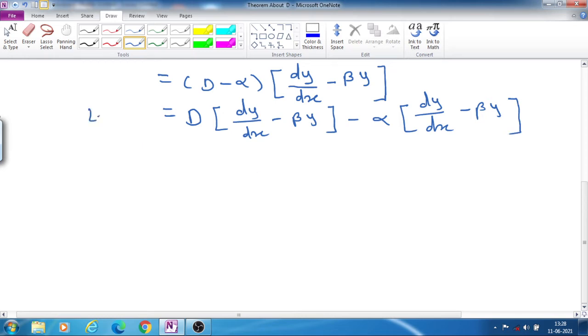So this is LHS. Now operate D on this bracket.